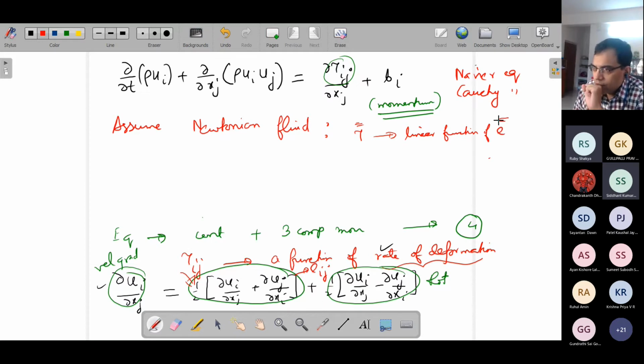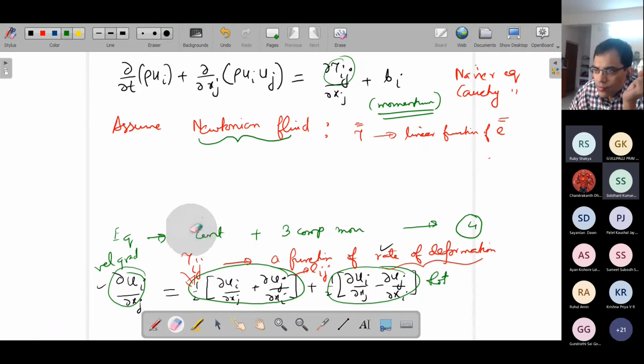Conceptually, we write it in this way. But how do we write it mathematically? That requires a bit of mathematical grammar understanding. So for a Newtonian fluid, the most general definition is not tau equal to mu du dy. We have to understand that the general definition is that tau maps linearly with E.